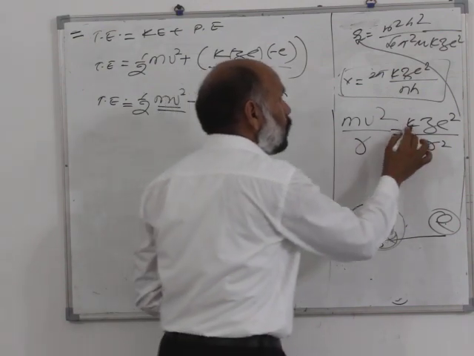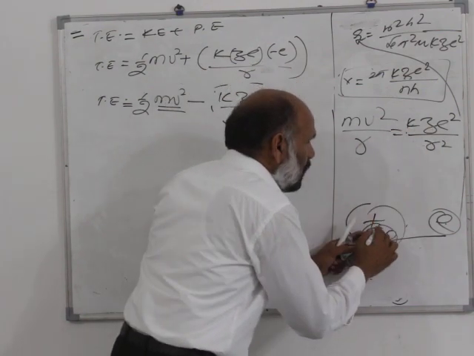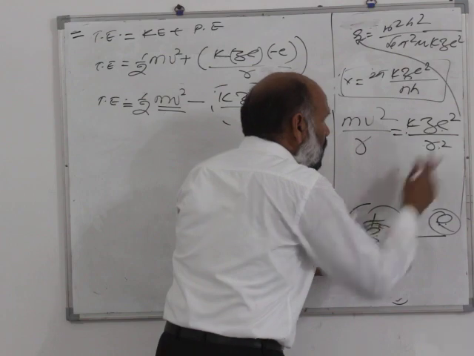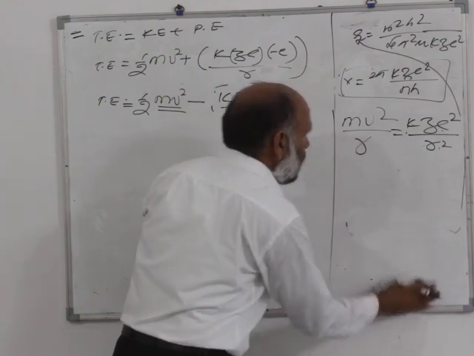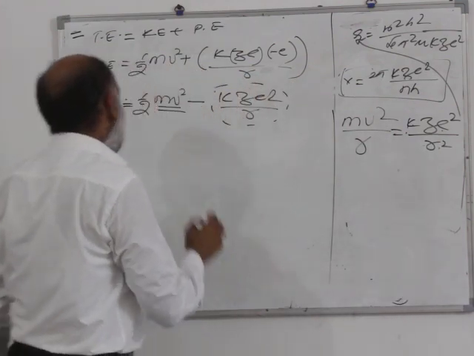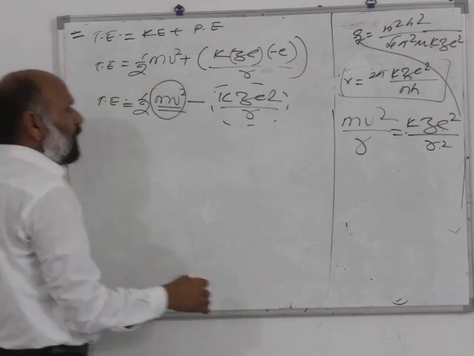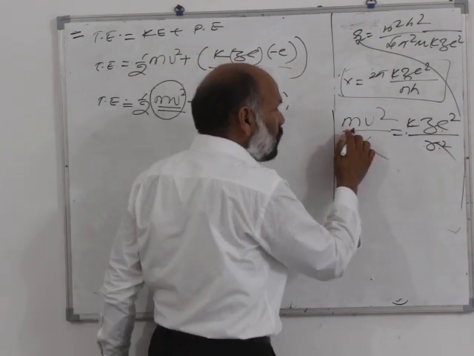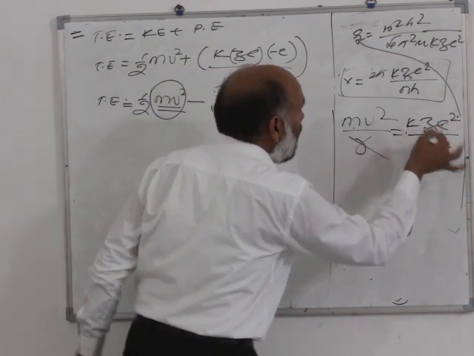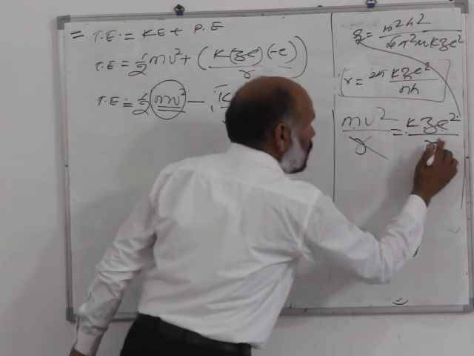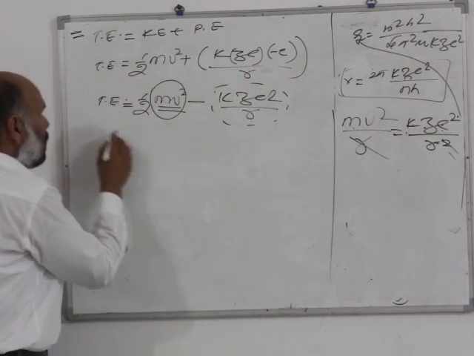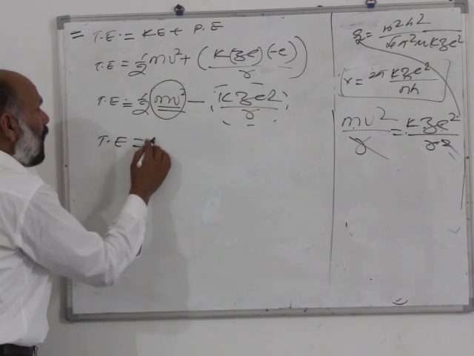So q1 q2, q1 is z e into e, z square upon r square. Okay, now we need the value of this mv square. You can easily find out the value of mv square, and that is equal to k z square by r. So total energy equals half.